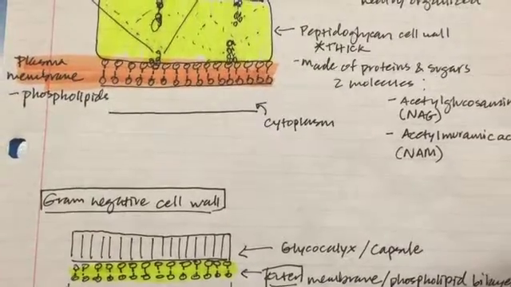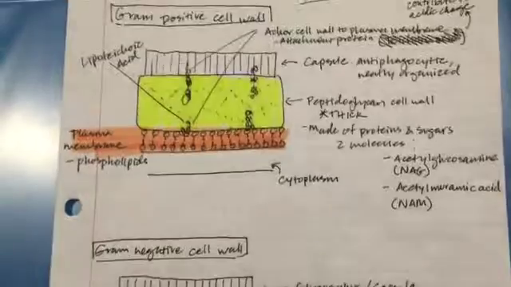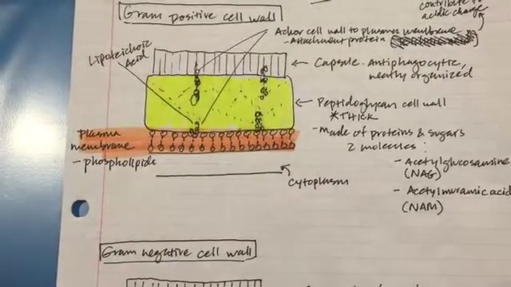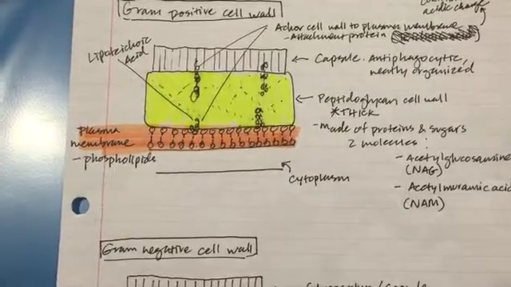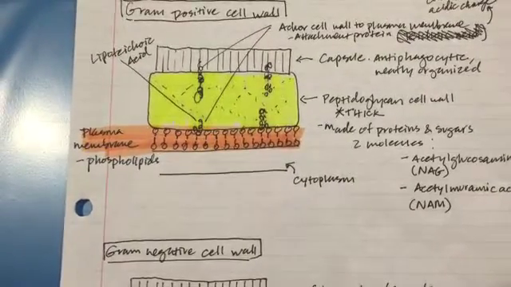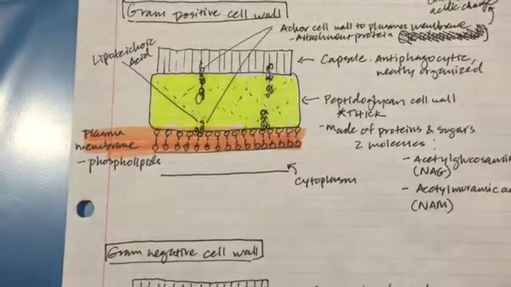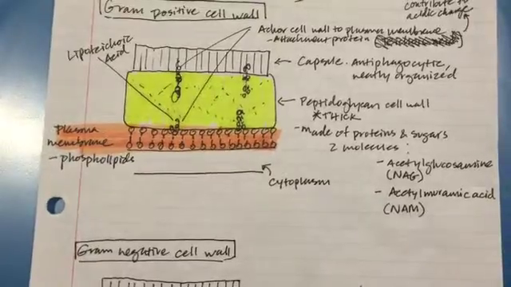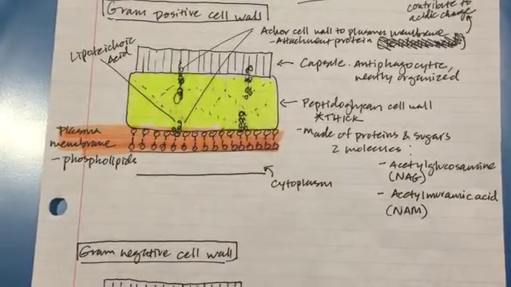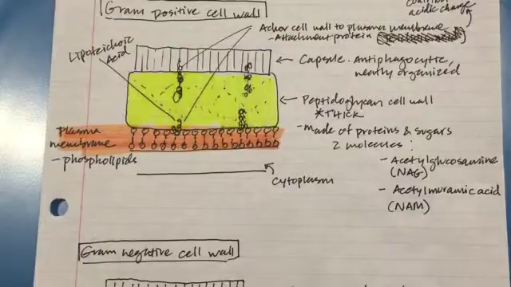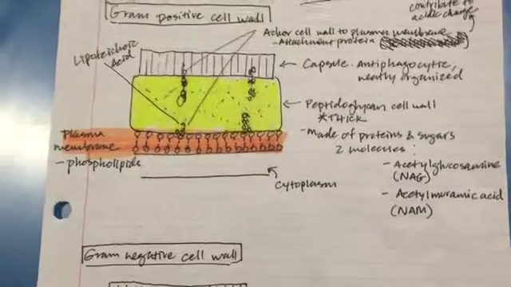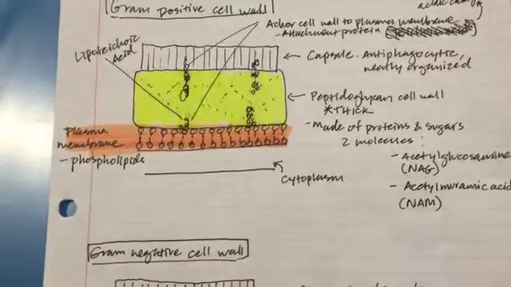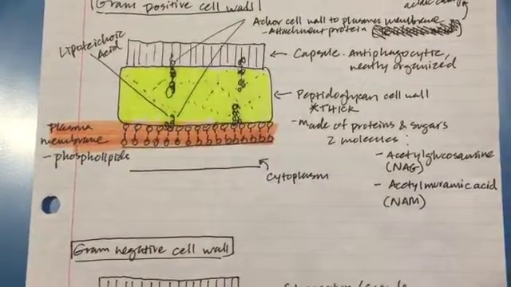Again, lipoteichoic acid is only found in gram-positive cells, and this provides cell wall rigidity. It also, similar to what we talked about with lipid A or endotoxin, has antigenic properties, and it's able to stimulate an immune response or a fever. It would basically recruit leukocytes in the body as the body detects an invader.